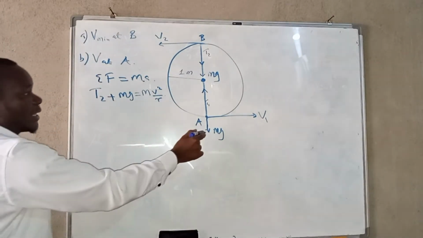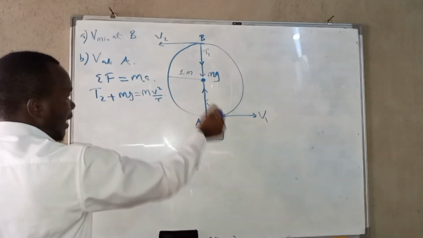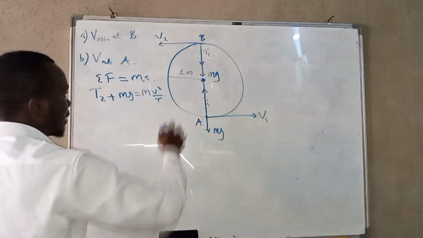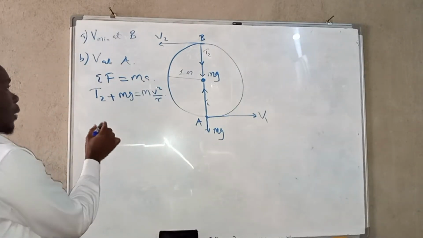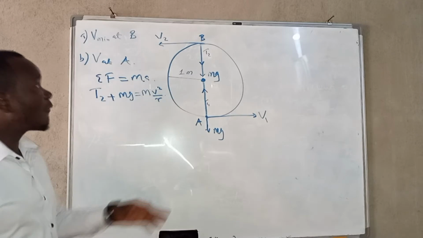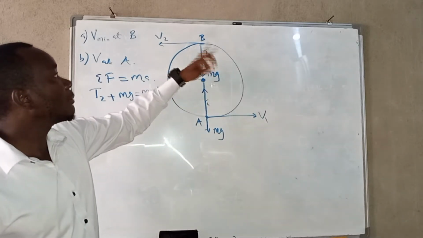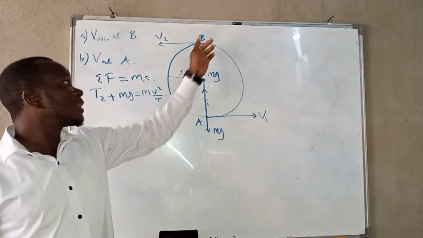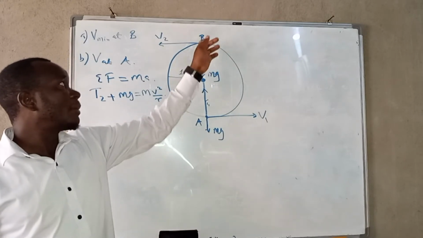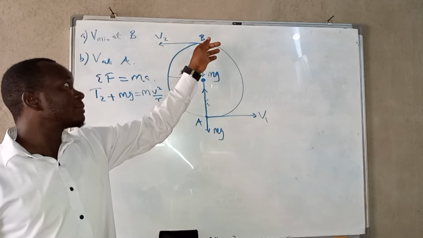We can also find that T1 minus mg must be equal to the same, but this one is sufficient to work with. In order to have the minimum speed at the top, the tension in the rope must be equal to 0.